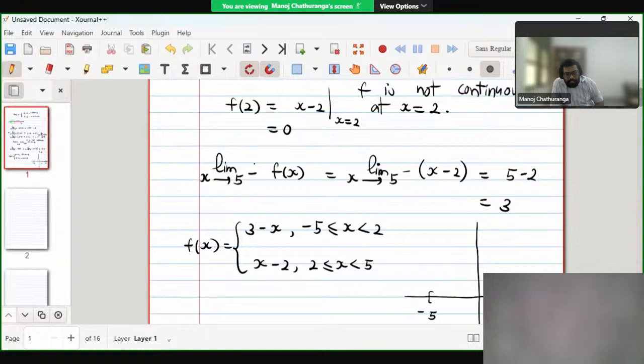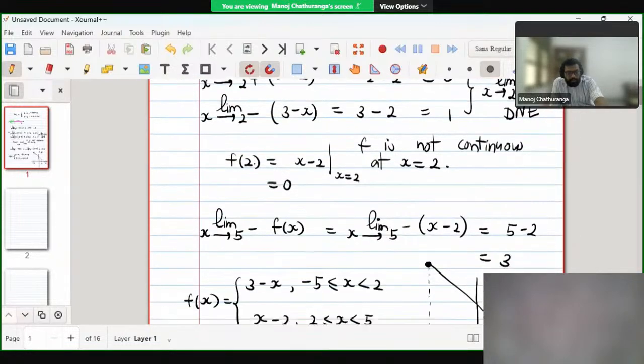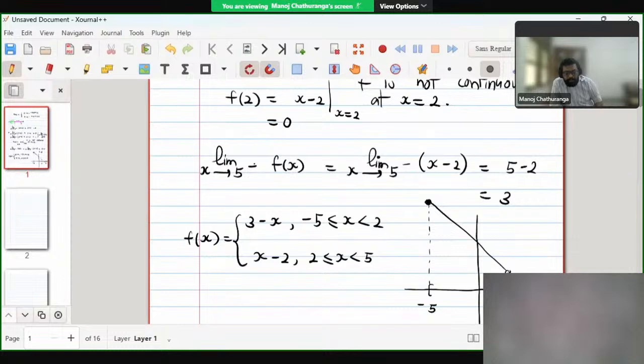And the slope of the line is -1, the y-intercept is 3. So this is -5, 8. This point here is 2, 1.